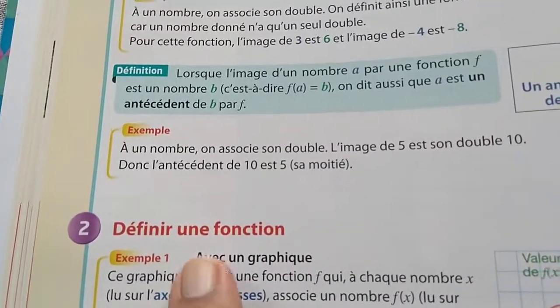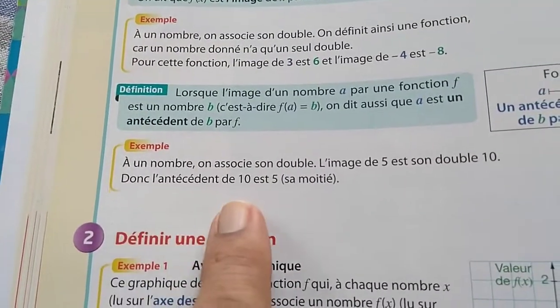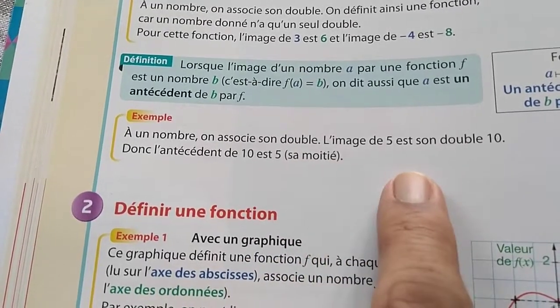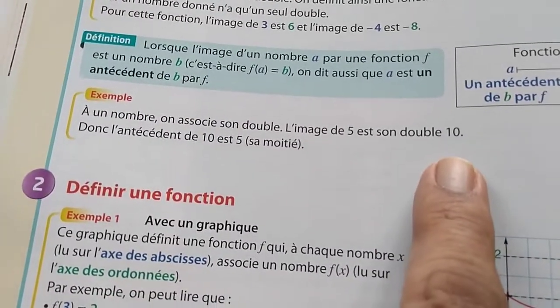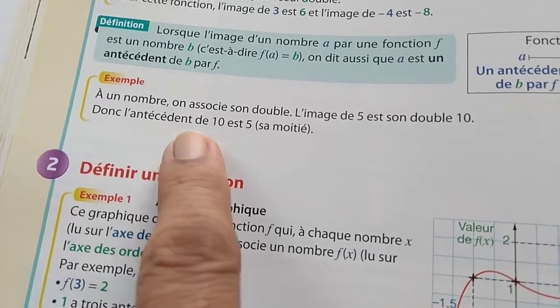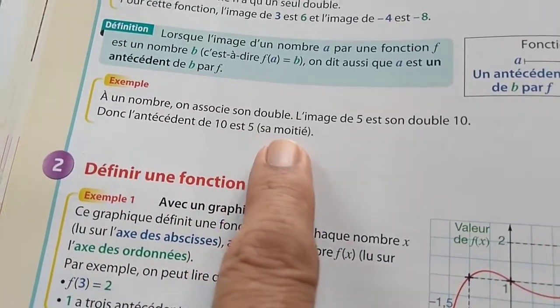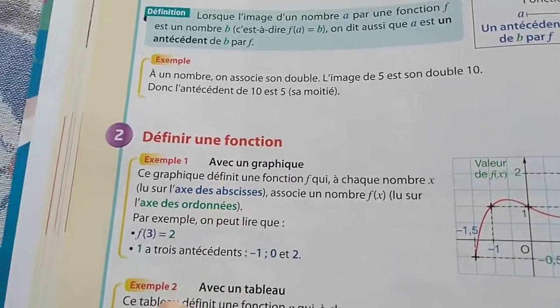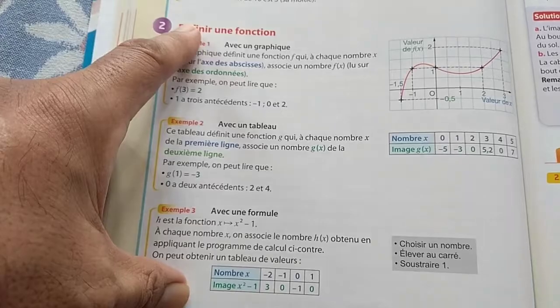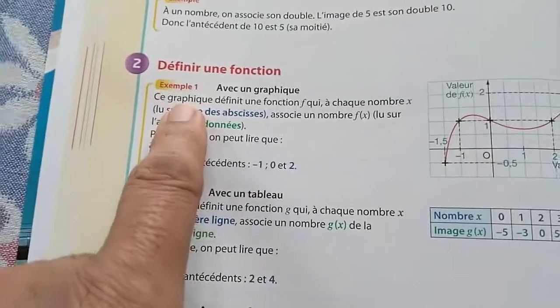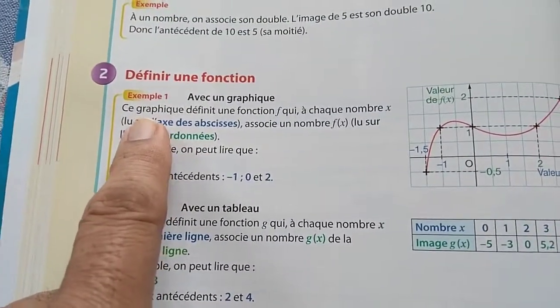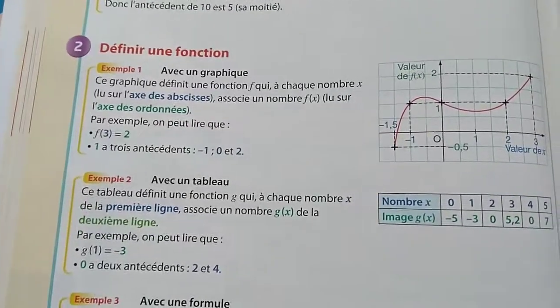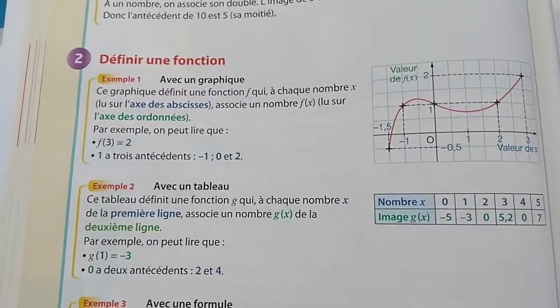Again they have an example. À un nombre on associe son double, l'image de 5 est son double 10. Donc l'antécédent de 10 est 5, which in this case is la moitié. Then they have in this part of the book, the latter half of the page, the definition of a function. This was the subject of a long video, which was the second video.